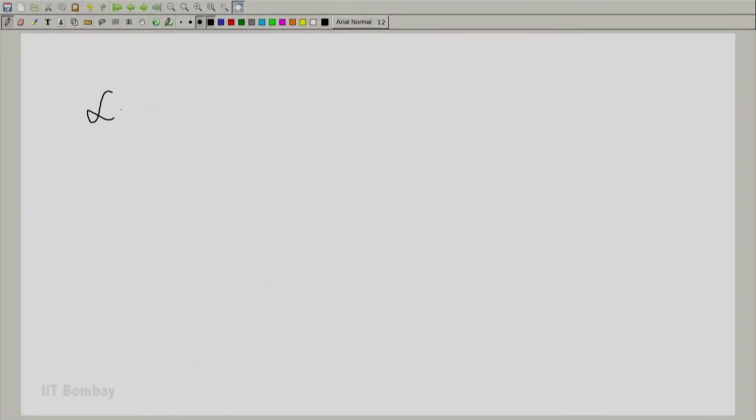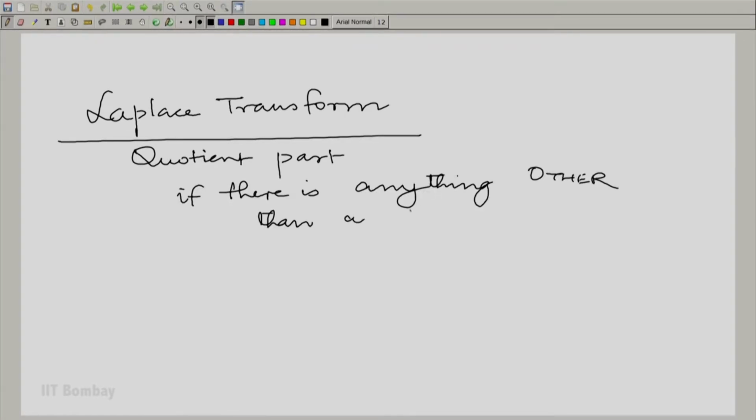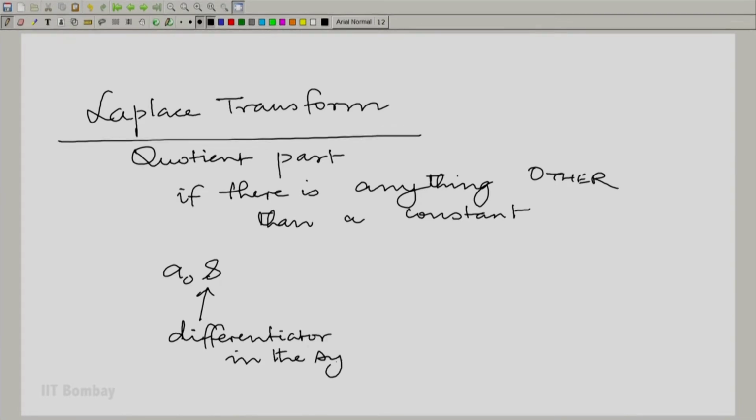Now, for the Laplace transform, if there is a quotient part and it has anything other than a constant, one thing is very clear. If there is a term like A0 S, that means there is a unit doublet, or there is a differentiation operation coming into the picture.